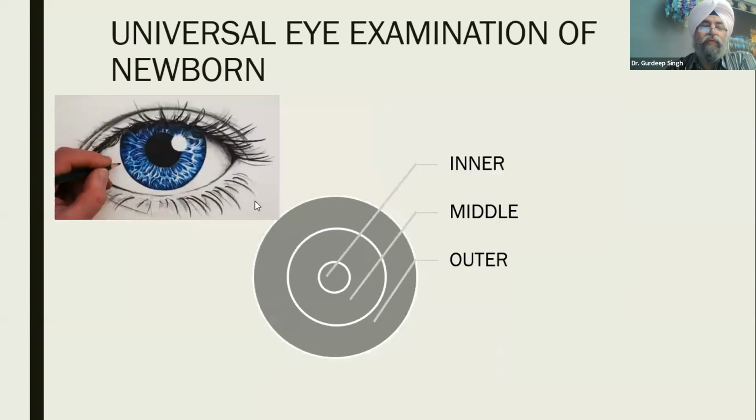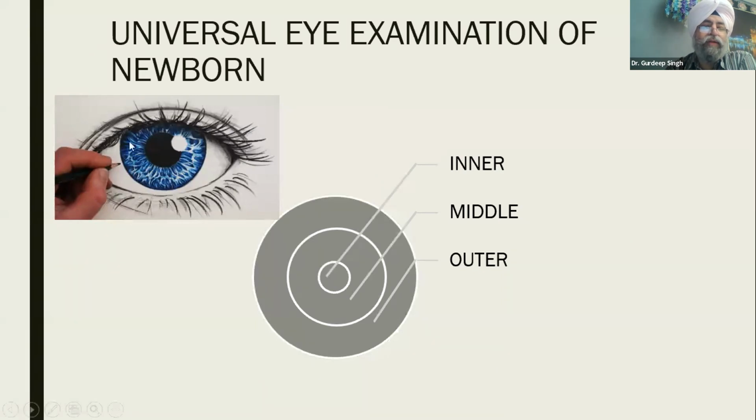When we look at the screening of the eye in a newborn, there are three circles which we should always remember, which are easy to understand, so that we don't miss any anomaly. First is the outer circle, which we call the sclera: any abnormality related to the sclera.